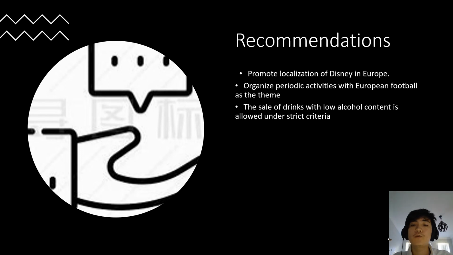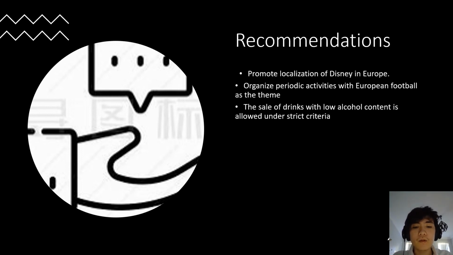There are three recommendations for the Disneyland management. First, provide organization of the Disneyland parent, which can help Disney to gain the recognition of the French people. Let the French people think that Disney is not a cultural attack.